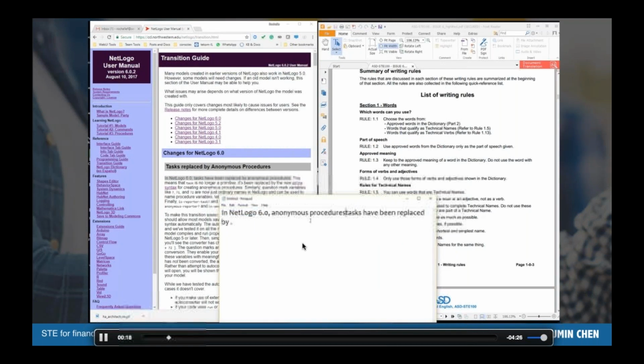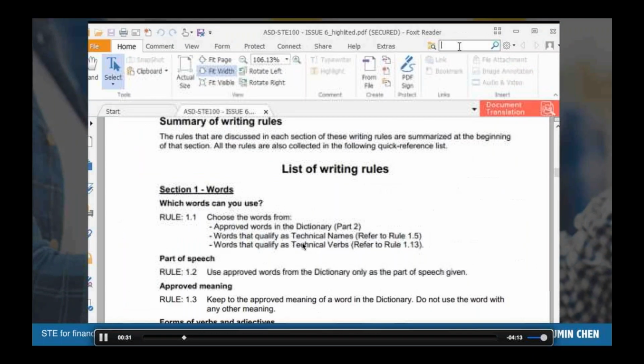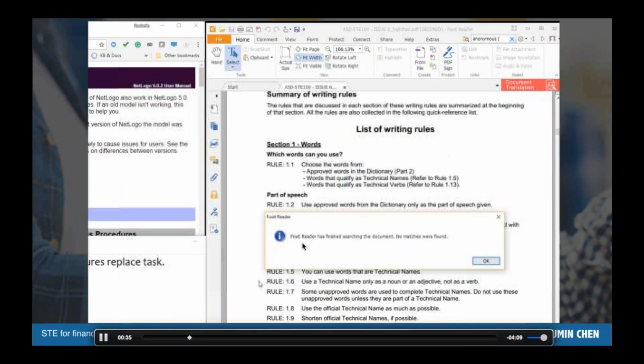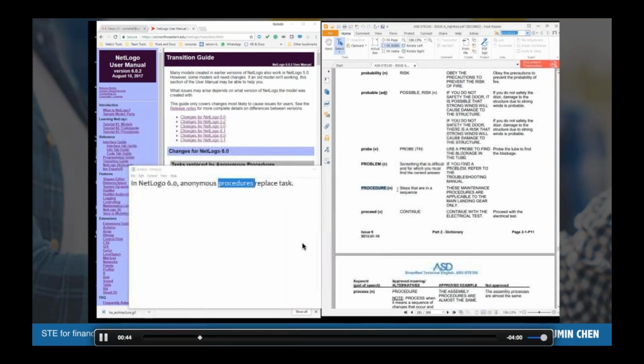So she looks up some words, or she thinks that some words could be more easily replaced with simpler alternatives, and she would look up words that she's not sure if they are approved or non-approved. So she looks up the word in the dictionary. Chances are you don't find a recommendation for this word, so then there is no strong reason not to use it. It could be kept as a company-specific word, for instance.